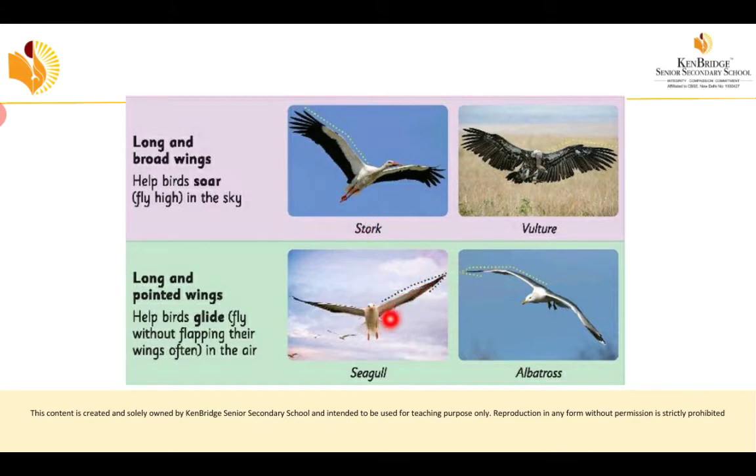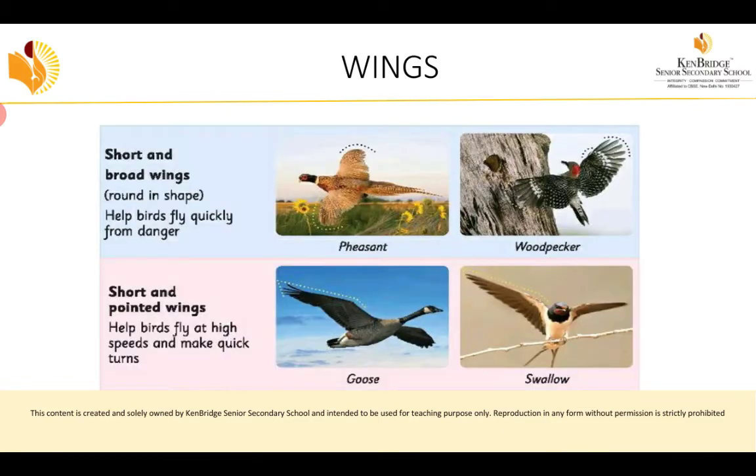It helps to glide in the air without flapping their wings often. Flapping means what, ma'am? Yes, so it helps the birds to glide. It will not flap in the air. So we have seen 4 types of wings.